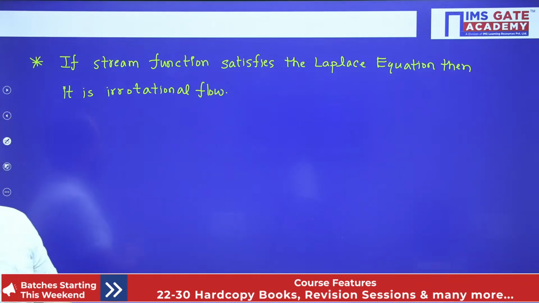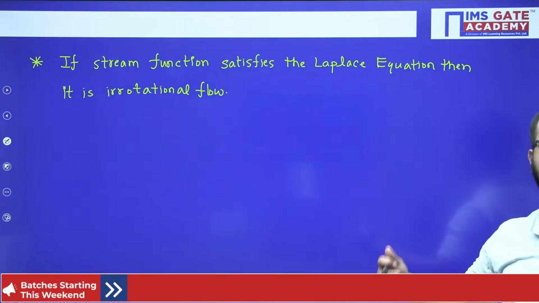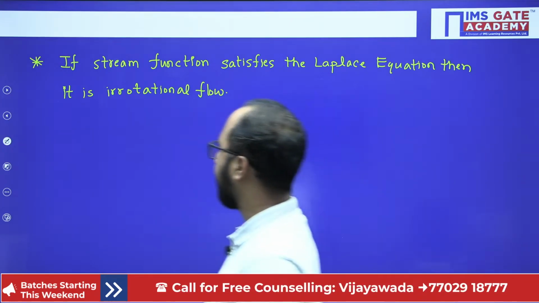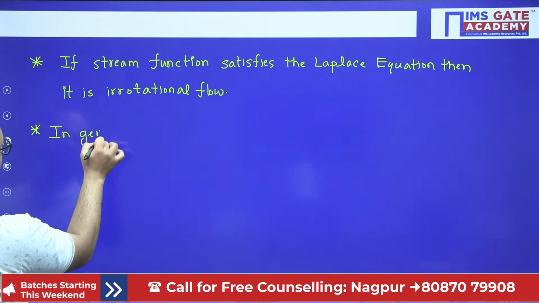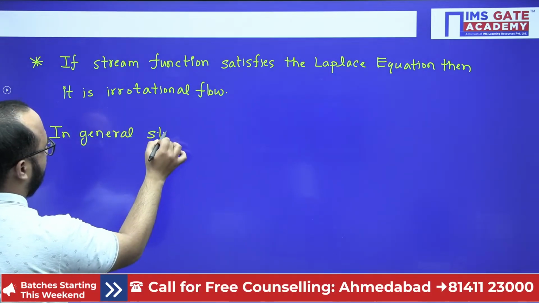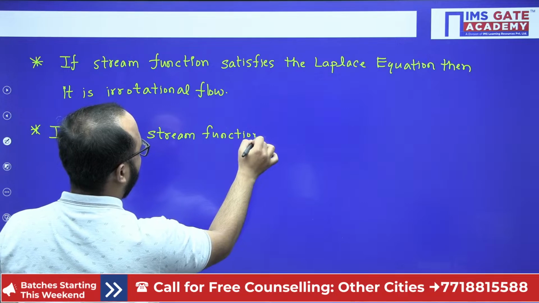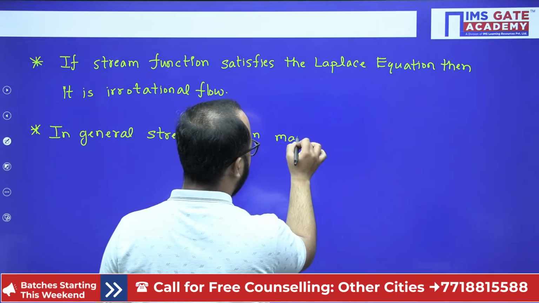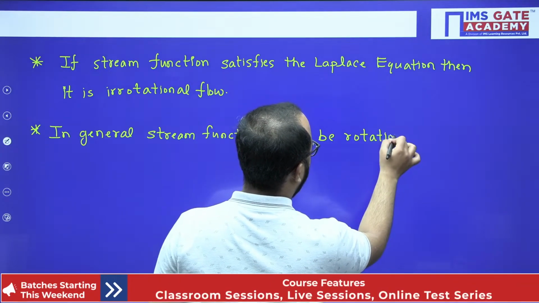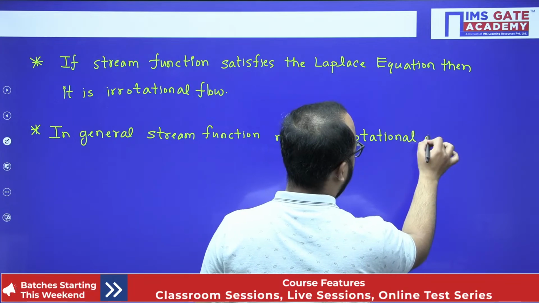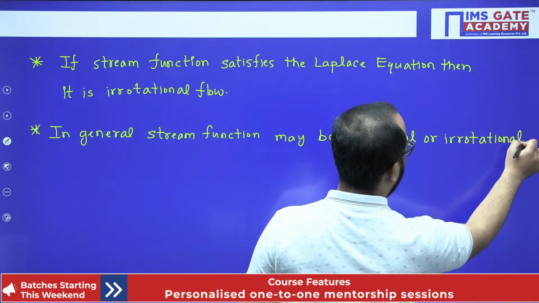But in general, the stream function can be valid for rotational or irrotational flow, right? So we should write it like this. In general, the stream function may be rotational or irrotational, right?